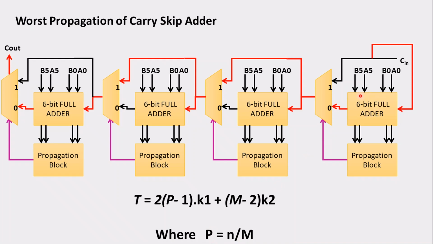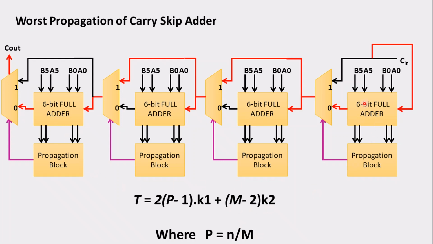If you look at this particular block here, totally 6-bit adders we are having, so p will be 6. k1 is the delay of this particular adder, and m minus 2 into k2, where m is the number of blocks we are having.